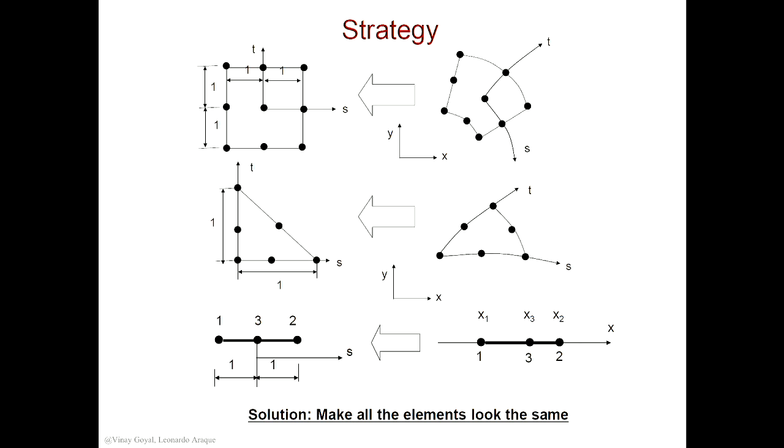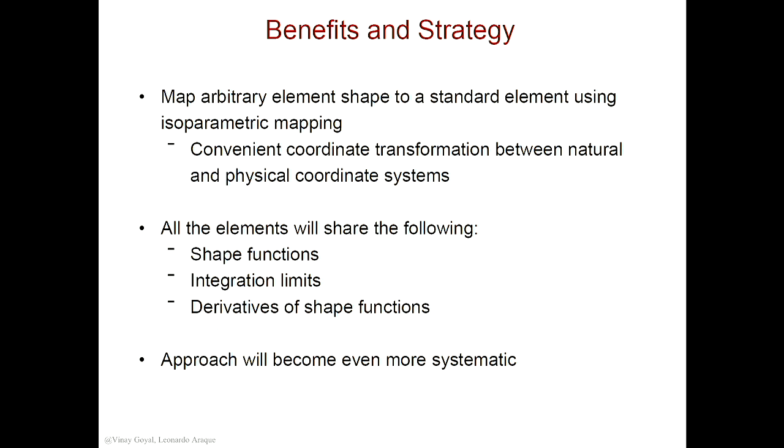Okay? So the strategy, the solution, is to make all the elements look the same. We want all the elements to share the same shape functions, the same integration limits, the same derivatives of the shape functions. And our technique is to map an arbitrary shape to a standard shape. Okay? If I can do that using this technique called isoparametric mapping, then I will have a very systematic approach, because once I have that information stored in the computer, I can say: I'm going to use this element type.